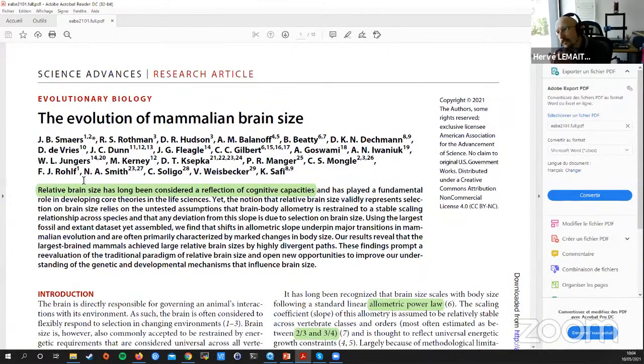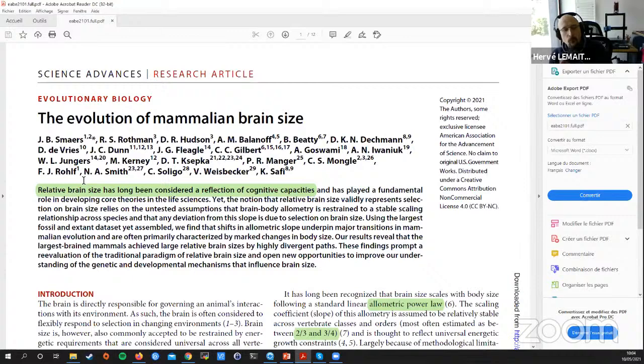Yes. So it's about the evolution of mammalian brain size. It's strange, we just discussed brain size. So this paper is about brain size. So why does size matter? It's the relation between brain and body, the brain-body allometry. I picked this paper for different reasons.